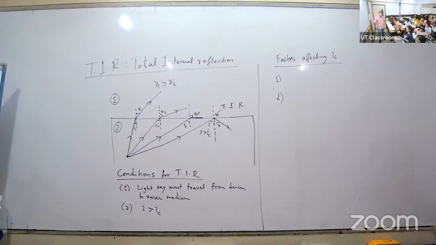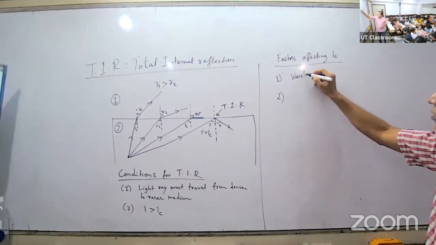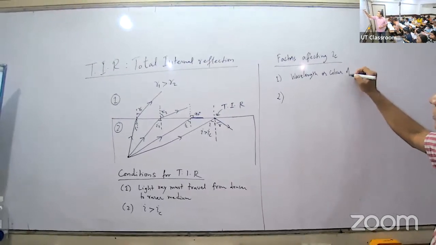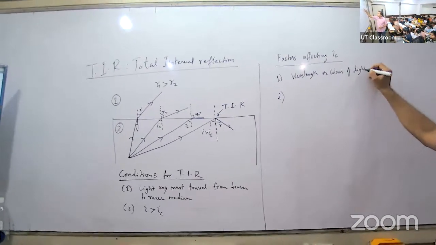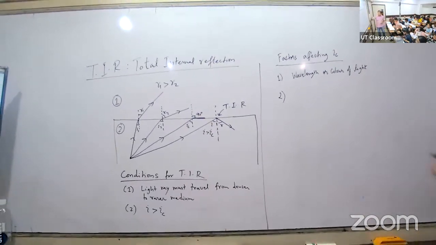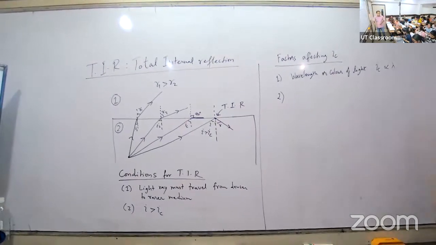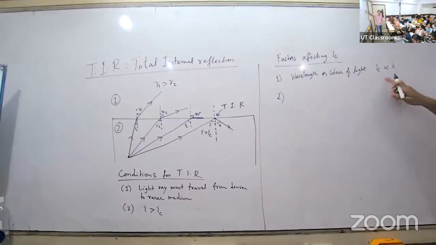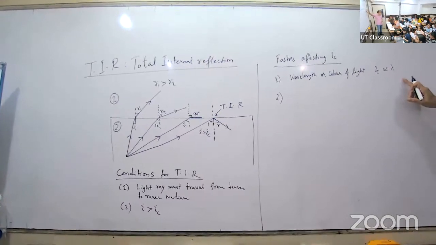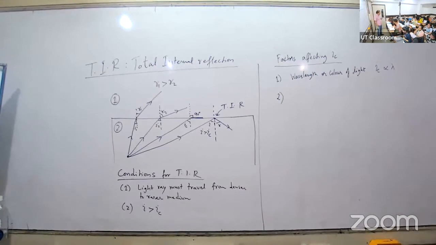One is wavelength, or color of light. So how will critical angle be affected by that? It is directly proportional to the wavelength of light. Why? Because IC is inversely proportional to mu as well as wavelength. So when wavelength increases, critical angle also increases.